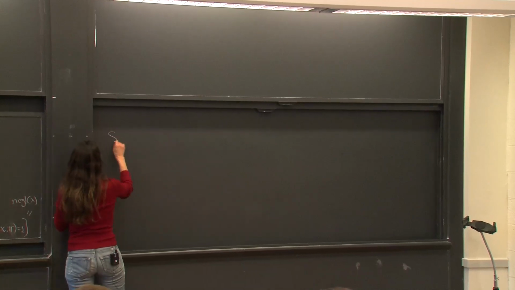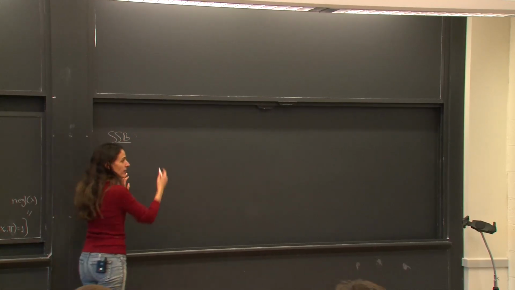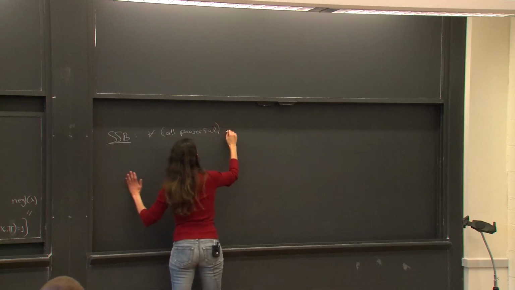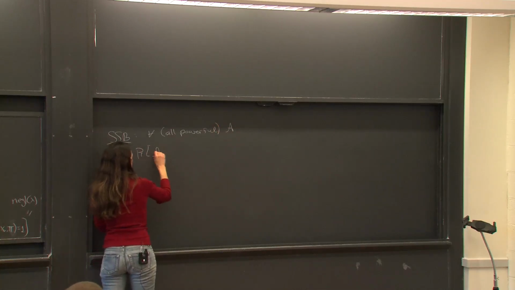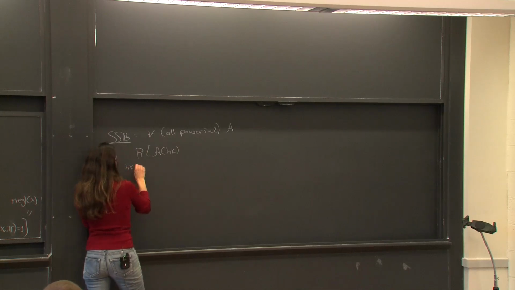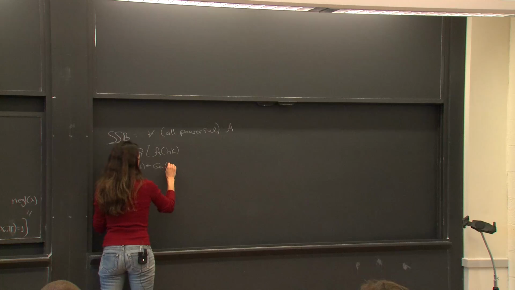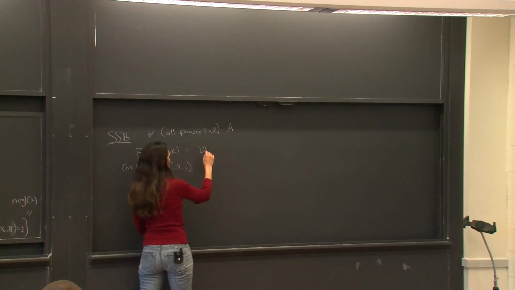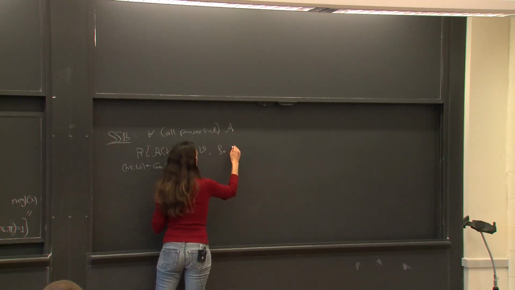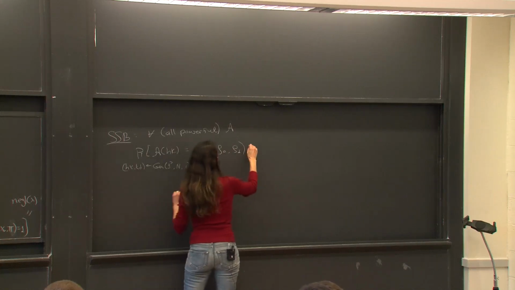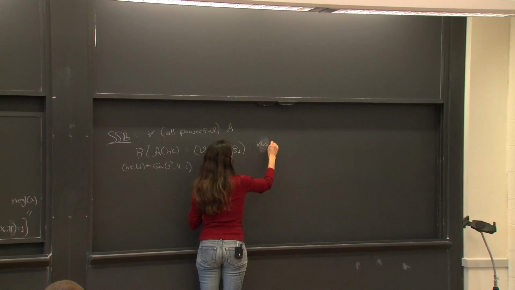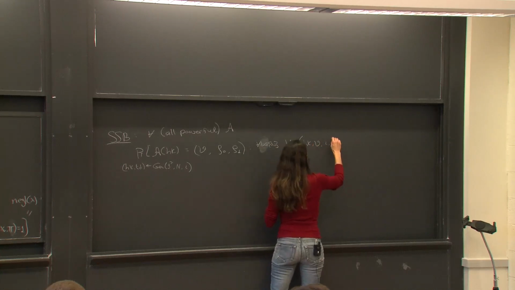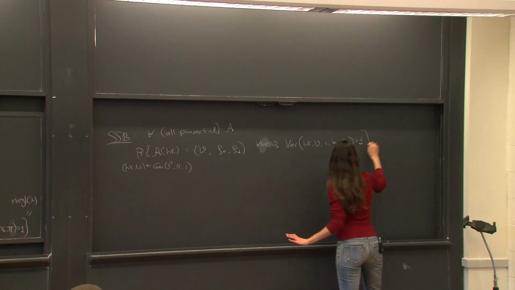The SSB binding, the somewhere statistical binding, says that for every all-powerful adversary A, the probability that A, on hash key, where hash key is generated from Gen(1^lambda, n, i), the probability that he outputs any value v, and row_0 and row_1, such that Ver would accept both, so that for every b, both 0 and 1, Ver on hash key, v, i, b, row_b outputs 1, this is negligible.